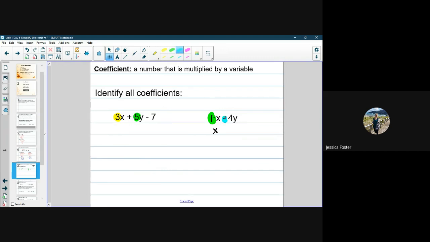So we need to make sure that it's not just a coefficient of 4, it's a coefficient of negative 4. Like we did in the last example, subtracting 4y is the same thing as adding negative 4y. So my coefficients here are 3 and 5. My coefficients on the second expression are 1 and negative 4.